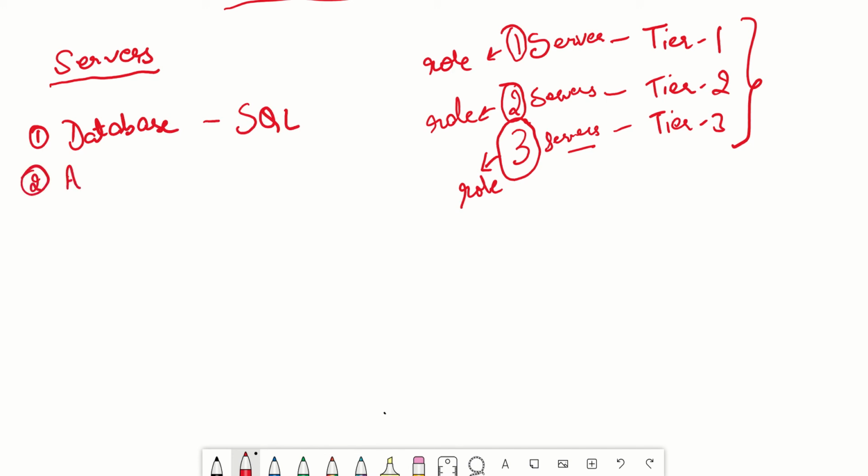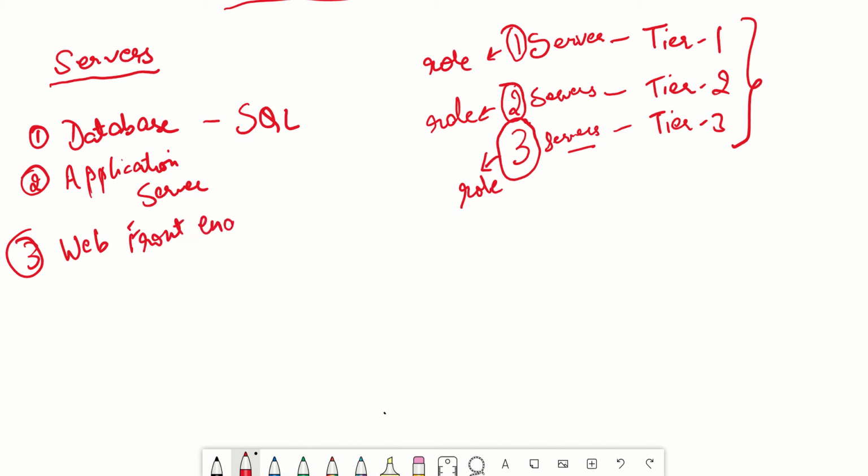Number two is the application server. And the third one is our web front end. I am going to abbreviate the database as DB, the app server as app for now, and web front end as WFE.